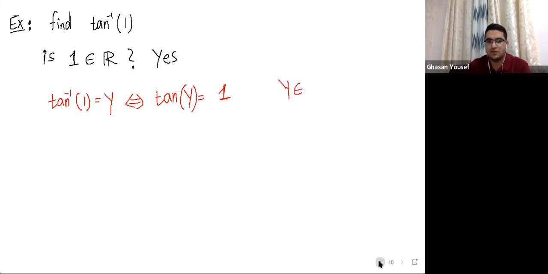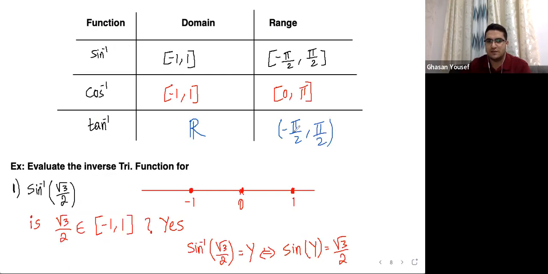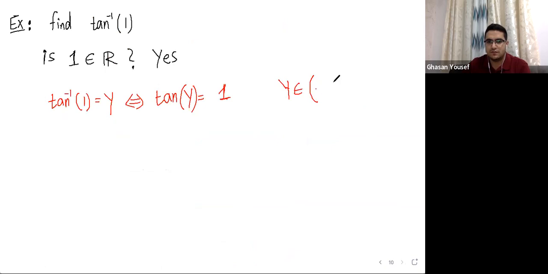The range of the tan is from minus pi over 2 to pi over 2. So which angle, if I plug it here, will give me 1? What angle, from the table I showed you just 2 minutes ago, will give me 1?